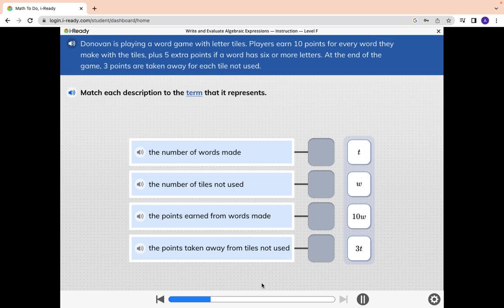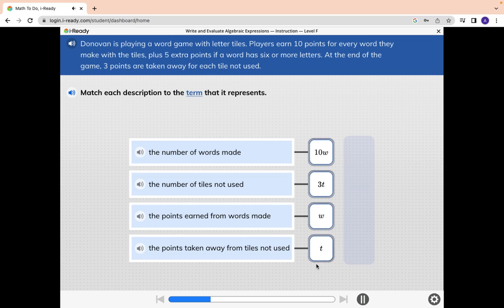Okay, the number of words made is 10W, because this is 10 points. The number of tiles not used is 3 taken away. The number of points from words made is W. The points taken away from tiles not used is T. Because this is the number of words made, 10W, so 10 points, so this must be points earned.